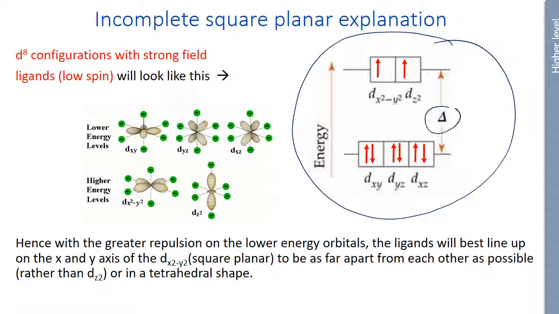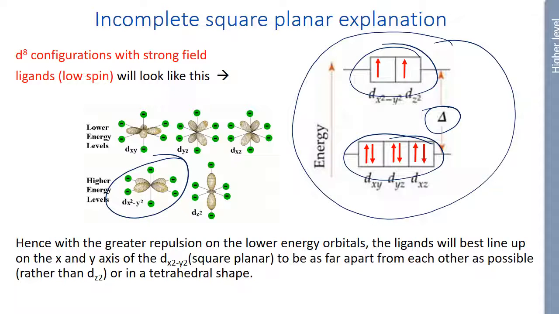You've got your large delta naught, a large crystal field split, but all these are now bunched up, so you can have the unpaired low spin variety of addition of the electrons, because with the greater repulsion of the lower energy orbitals, the ligands will best line up with the x and y axes of the dx squared minus y squared configuration. This guy here, the square planar configuration.